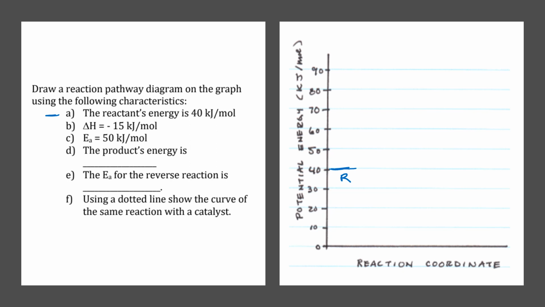What does that mean? That means our products would be going down. Whatever I subtract 40 from will give me negative 15. So that means that my products should be at about 25.